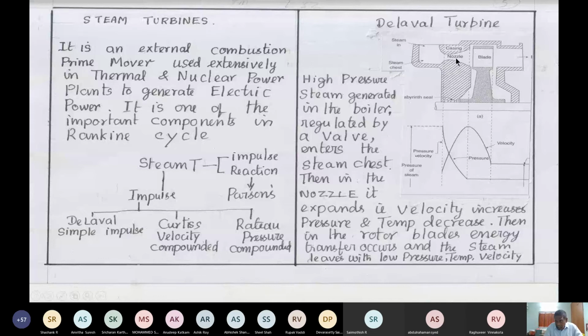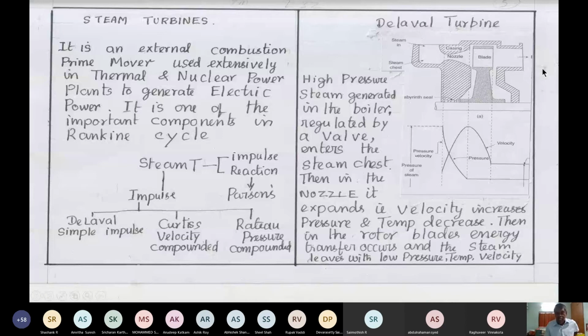It has the same energy, but instead of pressure or enthalpy, it is kinetic energy. That's called energy transformation. So finally, after giving all the energy to the blades here, the steam leaves with very low pressure, temperature and velocity. So all the energy is given. That is the simple idea of the de Laval turbine.